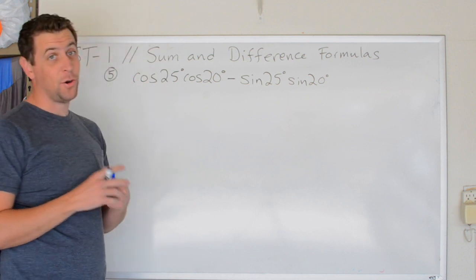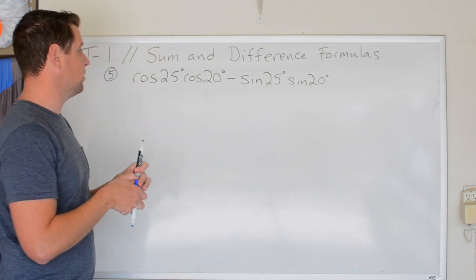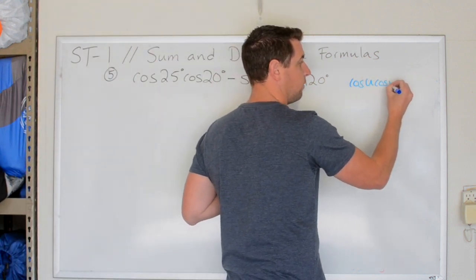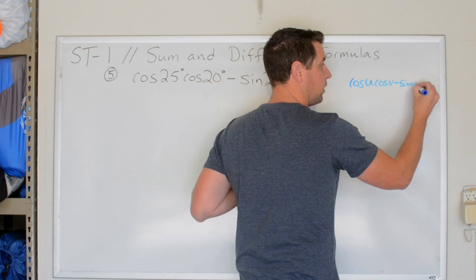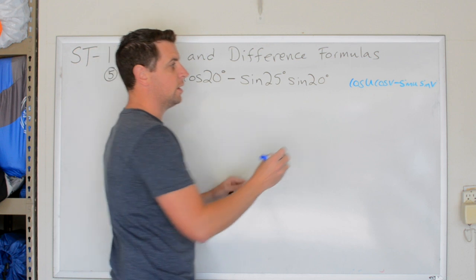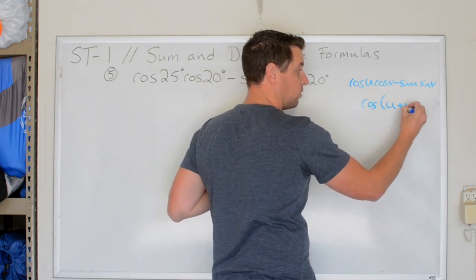Alright, welcome back. Hopefully you were able to get the answer. I know when I look at this one, what I recognize is that this looks an awful lot like cosine of u, cosine of v, minus sine of u, sine of v. And remember that this formula is the sum formula for cosine, because this is the cosine of u plus v.